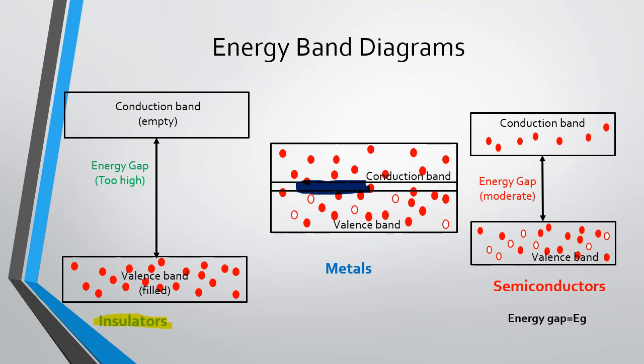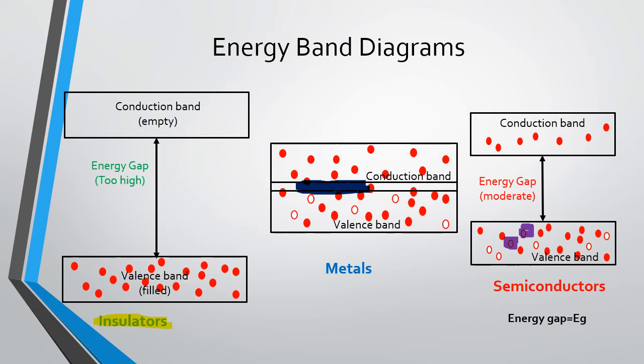Every time the electron is leaving its place from the valence band and moving to the conduction band, there is generation of holes. So generation of holes can be seen by a gap over here. So these are generation of holes.